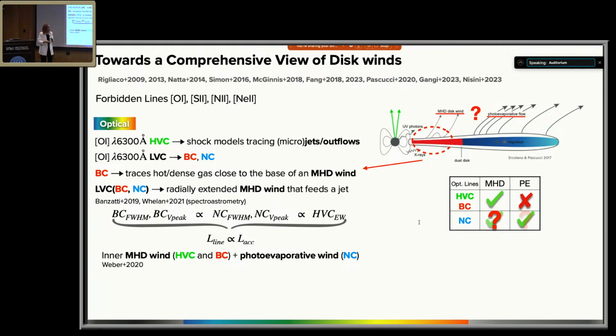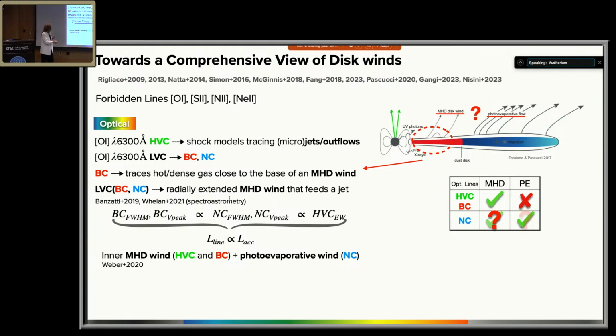So as you can see, we still don't know the origin of the narrow component of this oxygen one line. We know that the high velocity and the broad components seem to be related to the magnetohydrodynamical wind, but we still need more observations and probably new techniques to understand the origin of this narrow component.